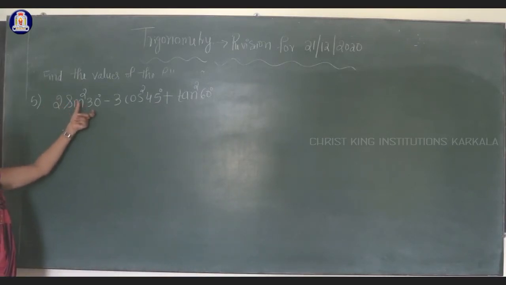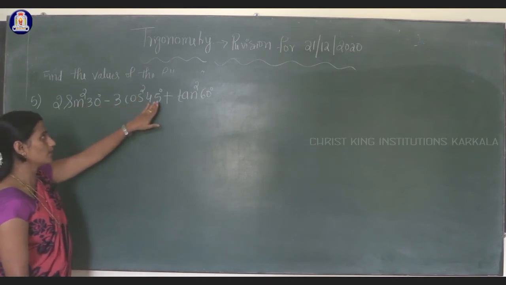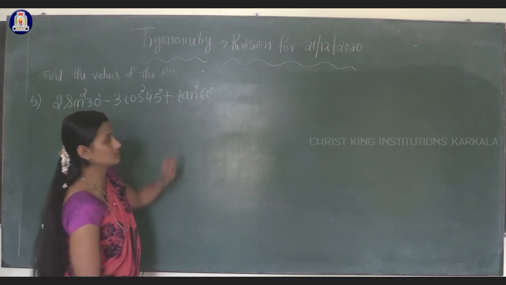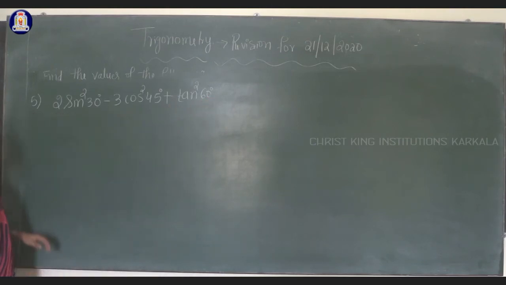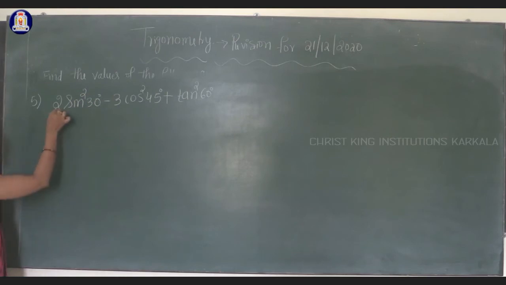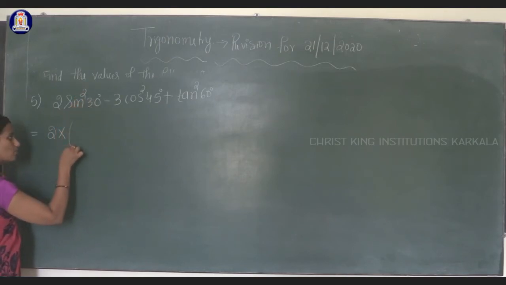2 sin square 30 degree minus 3 cos square 45 degree plus tan square 60 degree. Yes, it is 2 into sin square 30. Sin 30 is what? It is 1 by 2.